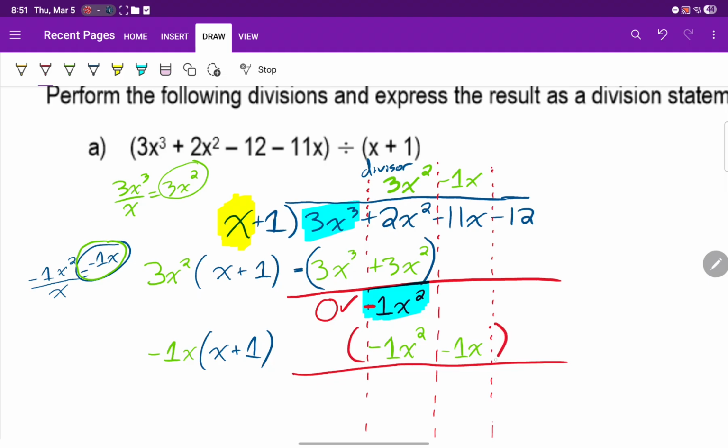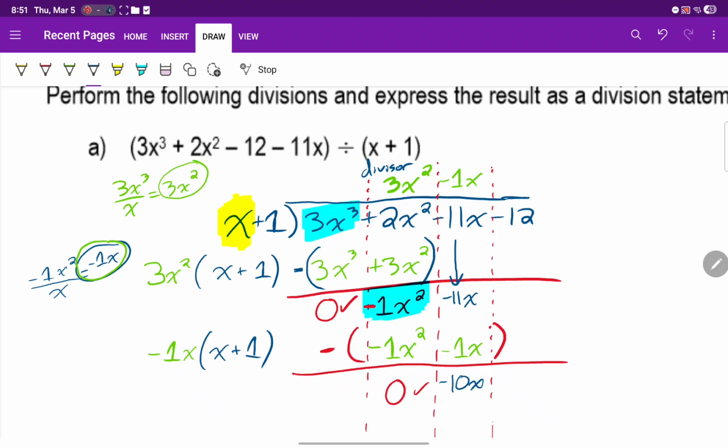Negative 1x squared minus negative 1x squared gives me 0. Perfect. Then notice how I have nothing to subtract in my next spot, so I'm just going to bring this negative 11x down and subtract. Negative 11x minus negative 1x is negative 10x.